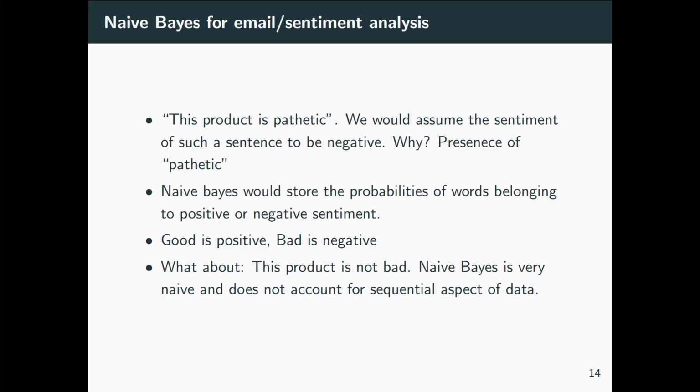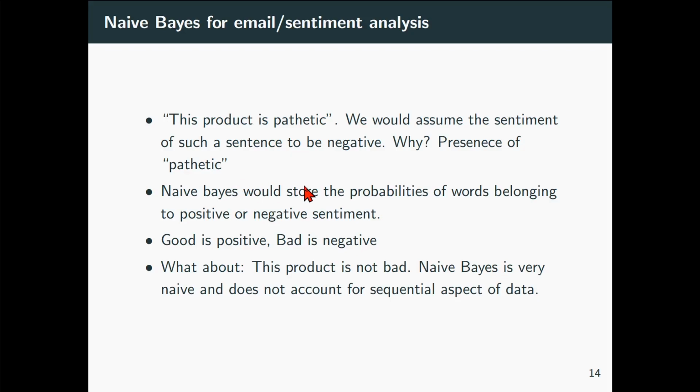Here naive Bayes would simply amount to storing the probabilities of words belonging to positive or negative sentiment. For example, pathetic would have a largely negative sentiment, good will have a largely positive sentiment, and so on. So each word gets assigned some probability of belonging to, or being generated from, a particular class.